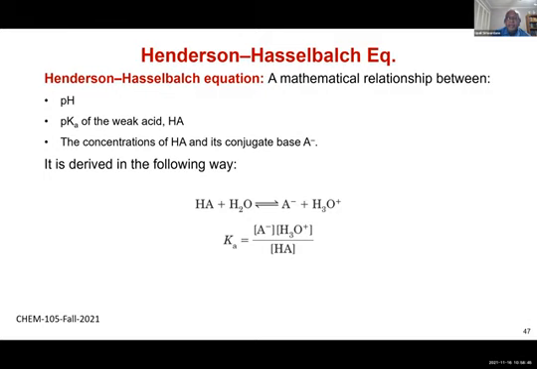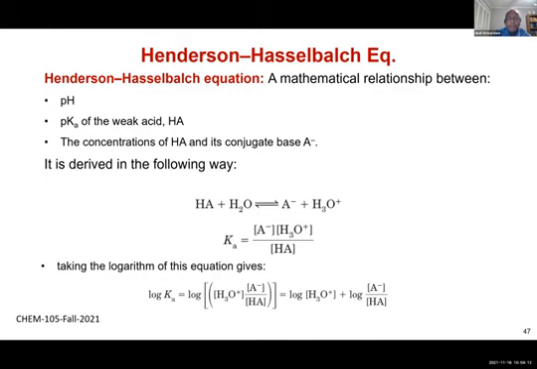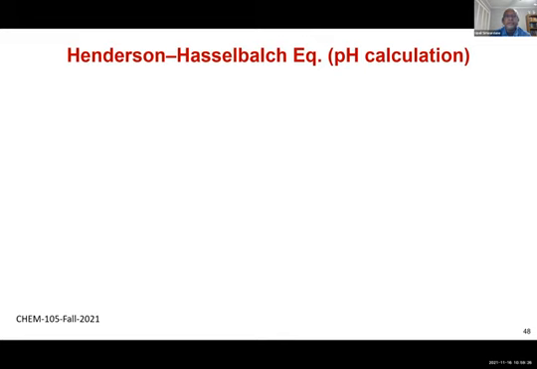The acid is HA, and the conjugate base is A negative. So we can take the logarithm of this equation and take negative signs. You don't need to derive this equation, but this is how it's calculated.